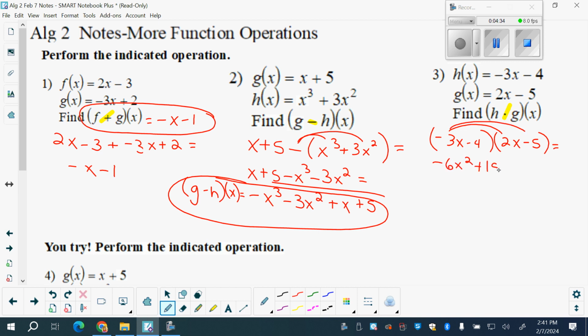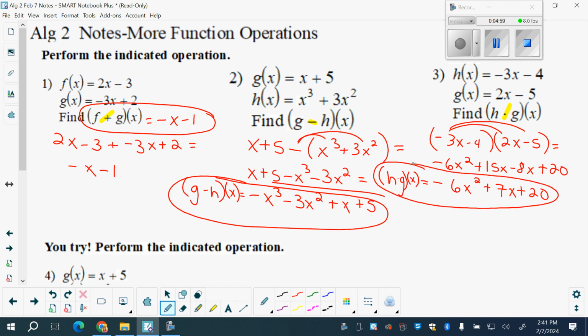Good. And then we want to add any like terms that we have. So negative 6x squared plus 7x plus 20. And that is h times g of x.